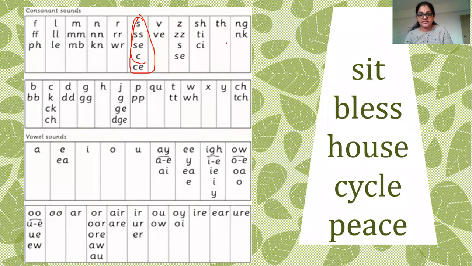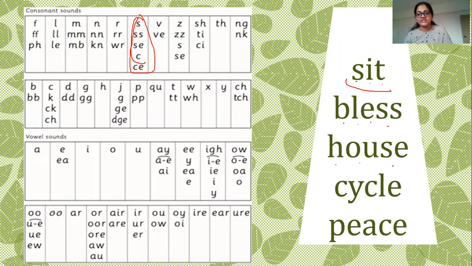S says S, as in sit. When 2 S's come together, it again says S, as in bless. One dot represents one sound. B, l, e, s, bless. S and E put together also says S, as in house.